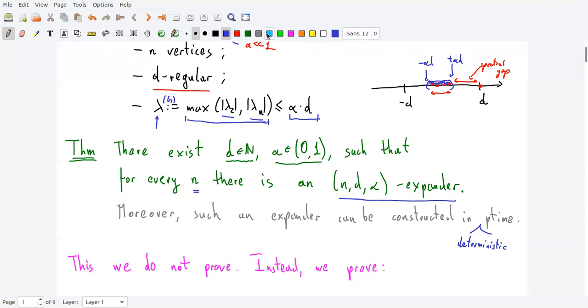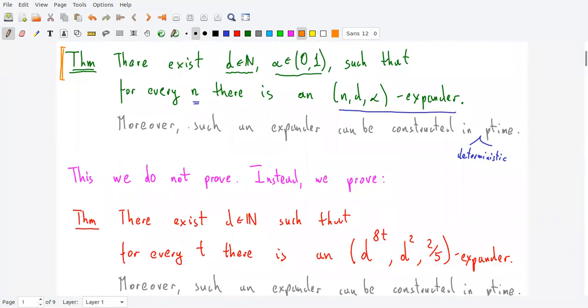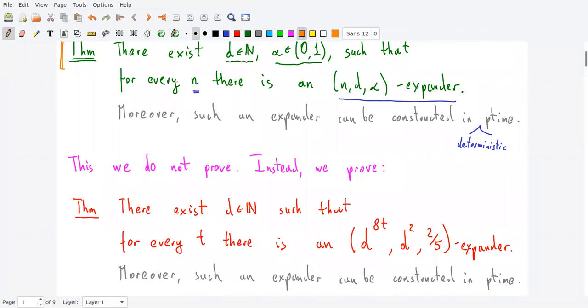So this is what we will not prove, because getting this exact statement requires some technical work, which is not that interesting. We will prove a little bit weaker statement, which looks like the following. There exists a constant d, say 1000, it will actually be a bit larger, such that for every integer t, I can find an expander that is d squared regular, that has alpha equal to 2/5.